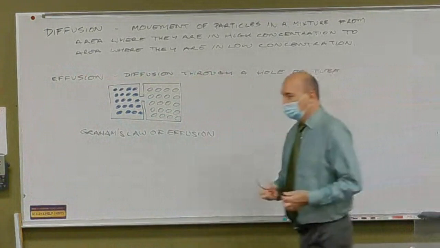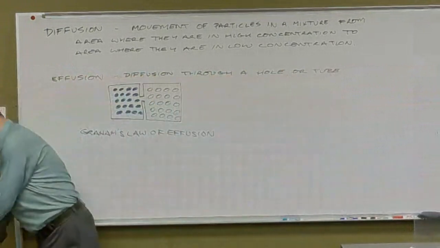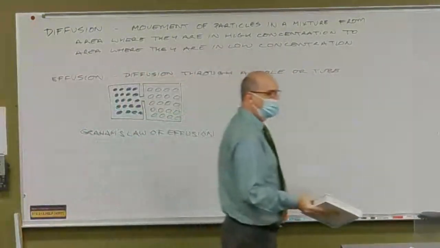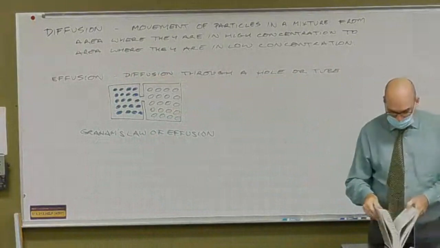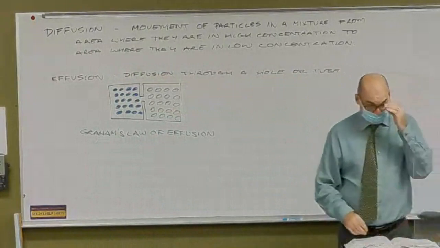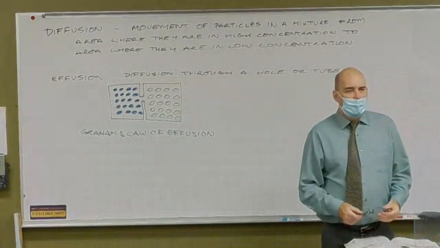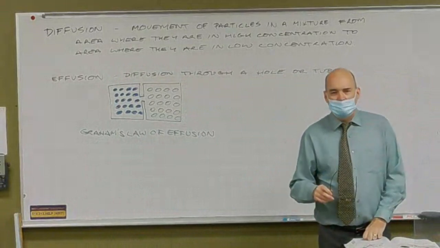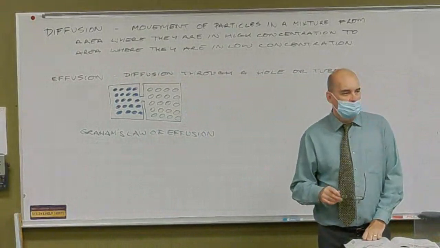Graham's law of diffusion is written two ways. It can either be written in terms of time, or it can be written in terms of rate. What exactly is a rate?